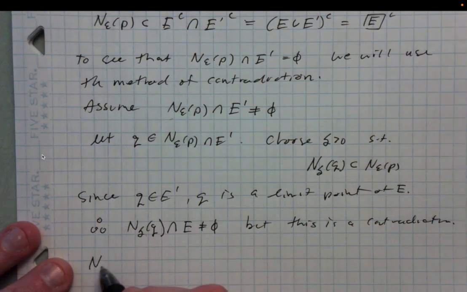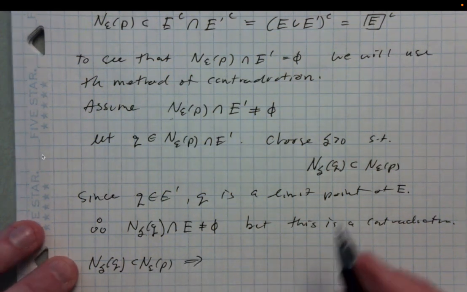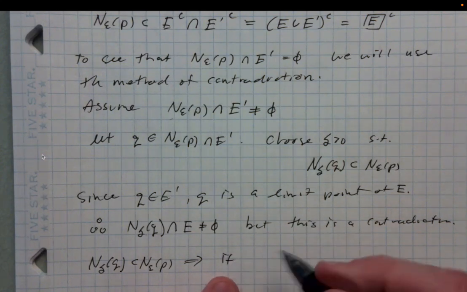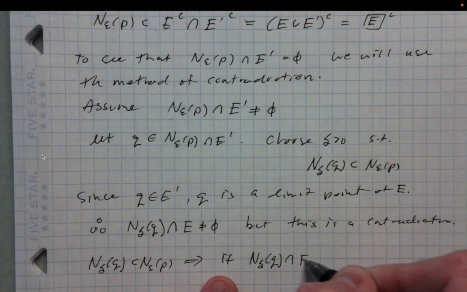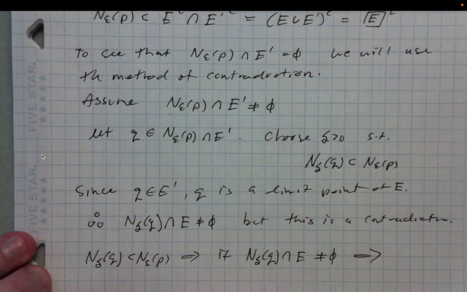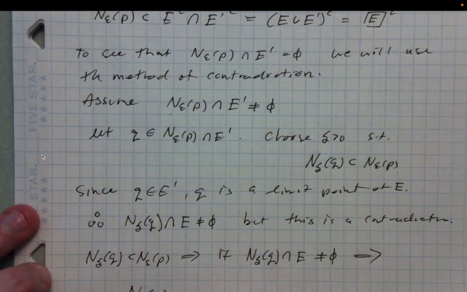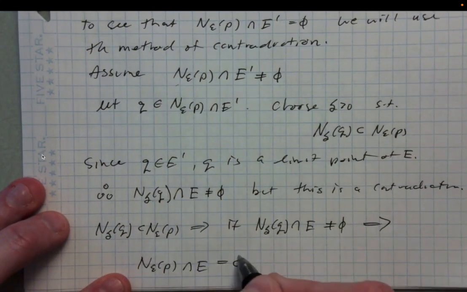So we see that the delta neighborhood of Q is a subset, by construction, of the epsilon neighborhood of P. Right? If this is true, then if the delta neighborhood of Q intersect E is non-empty, those two together imply that the epsilon neighborhood of P intersect E is non-empty.